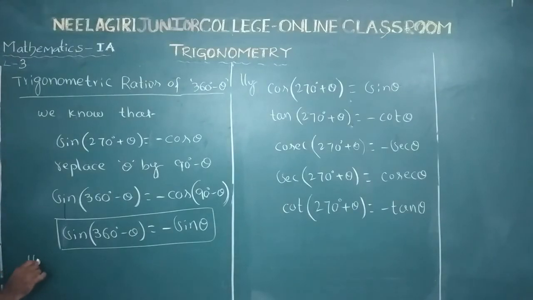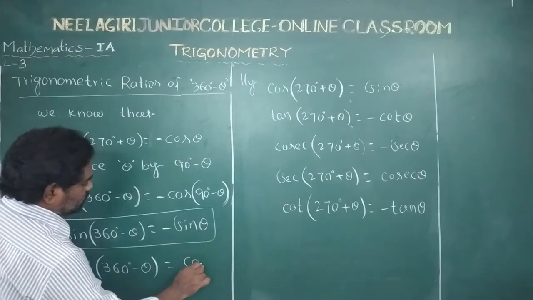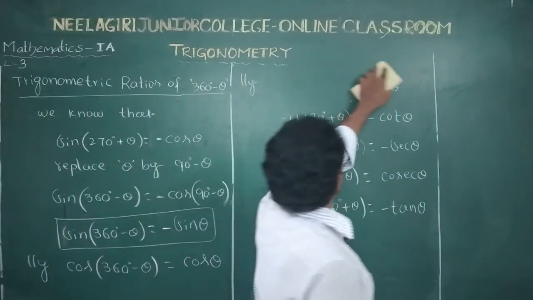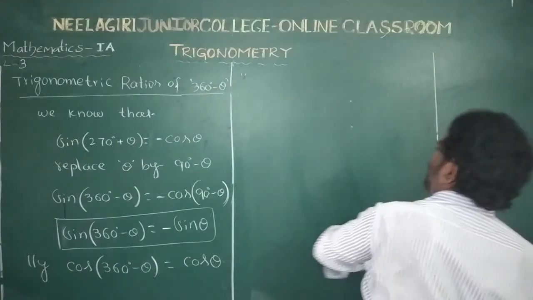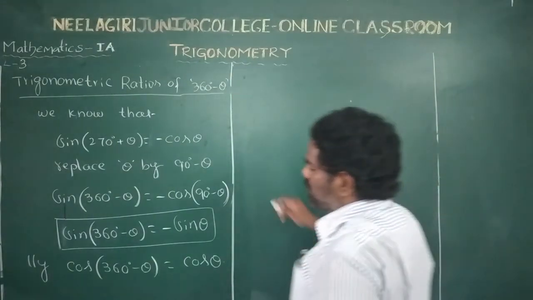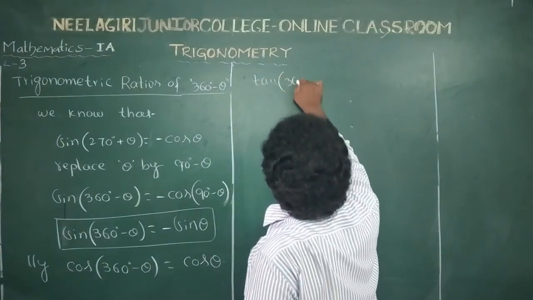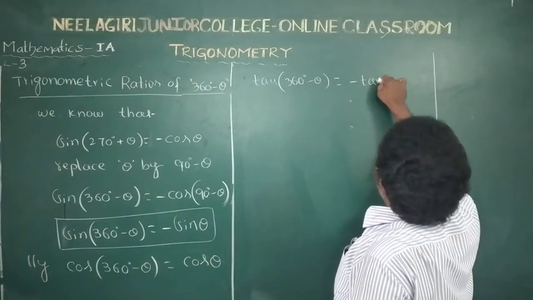Similarly, we can write cos of 360 minus theta equals plus cos theta, as well as we can write the remaining values as like this. Tan of 360 minus theta equals minus tan theta.